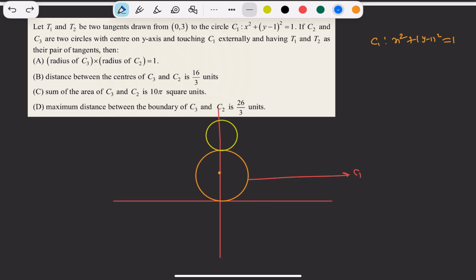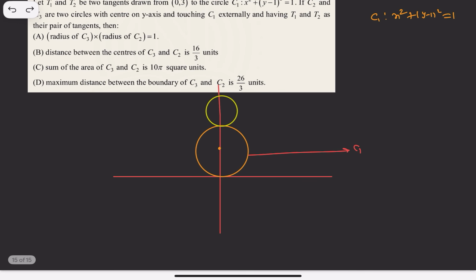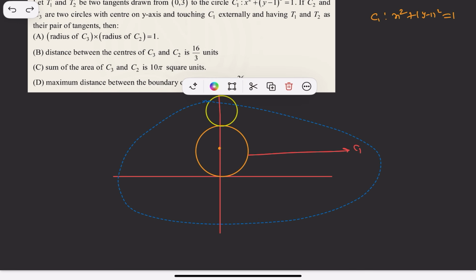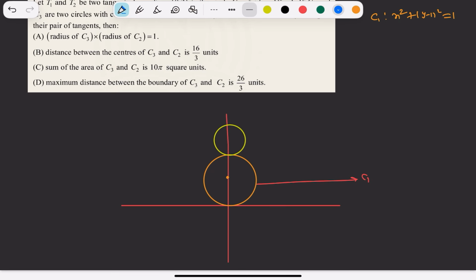The tangents are drawn from (0, 3). Let us slide down a little bit. So the tangents are drawn from (0, 3), so (0, 3) will be something here itself. One tangent I can take will be something like that, and another could be something like that.